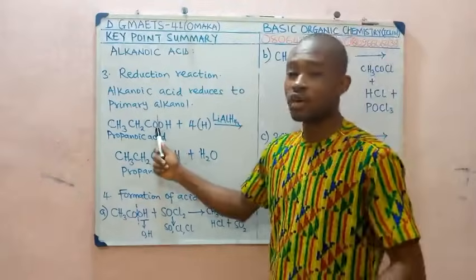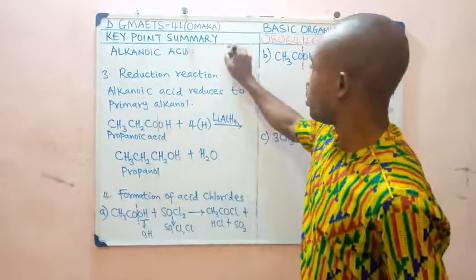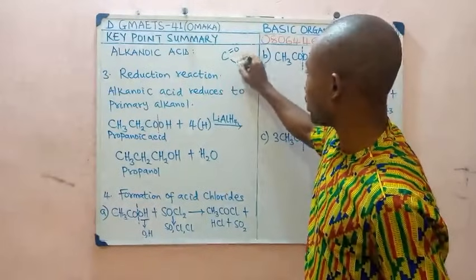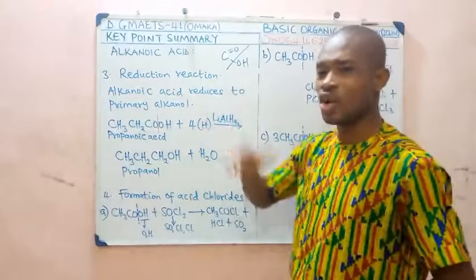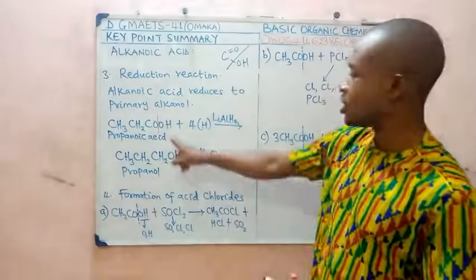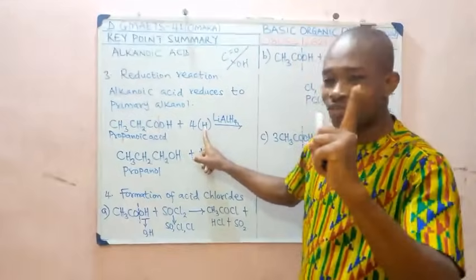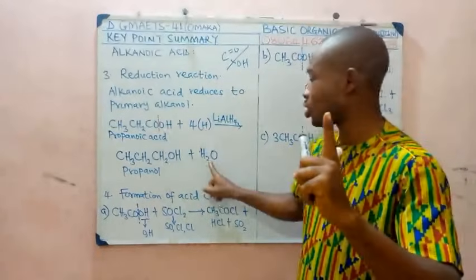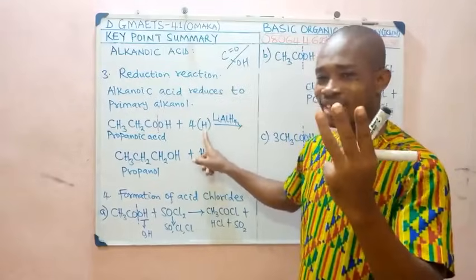Let's watch. Take note of where alkanoic acid usually splits during their reaction. Remember the functional group, something like this, right? So this is where they always split, releasing the OH. So look at it, it splits here. Of these 4 hydrogens, one will react with this OH to give us water. Is that okay? How many hydrogen will be left? 3.